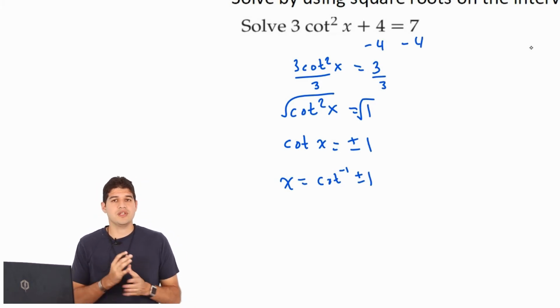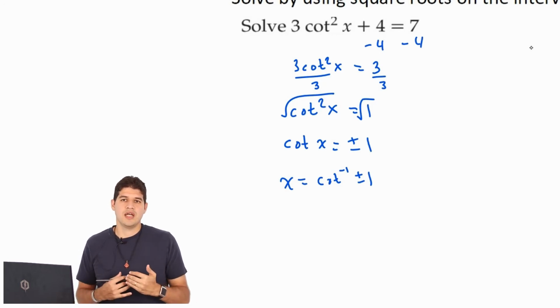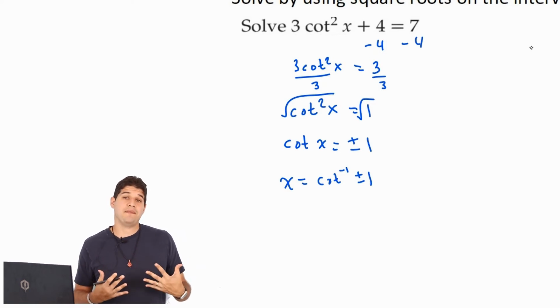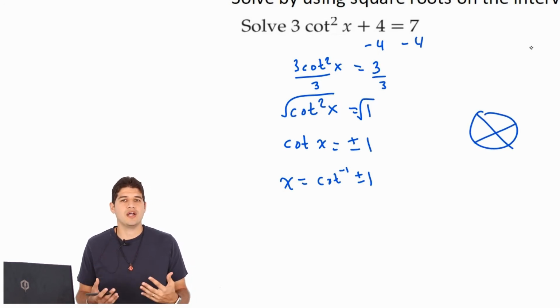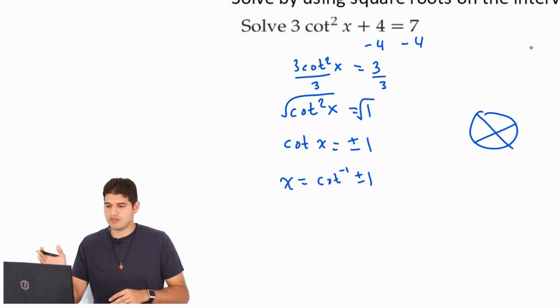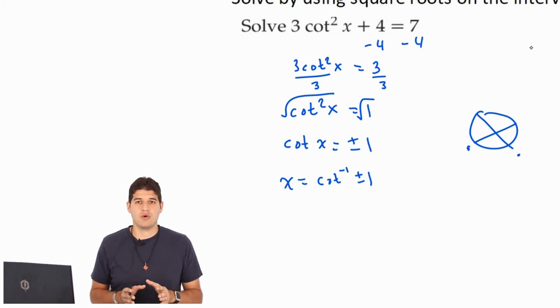Now if you remember from the unit circle, cotangent is my x over my y values. So if I'm getting a positive or negative 1, I am dividing by the exact same thing. The only time that happens on the unit circle are those pi over 4 sections. So pi over 4, 3 pi over 4, 5 pi over 4 and 7 pi over 4.